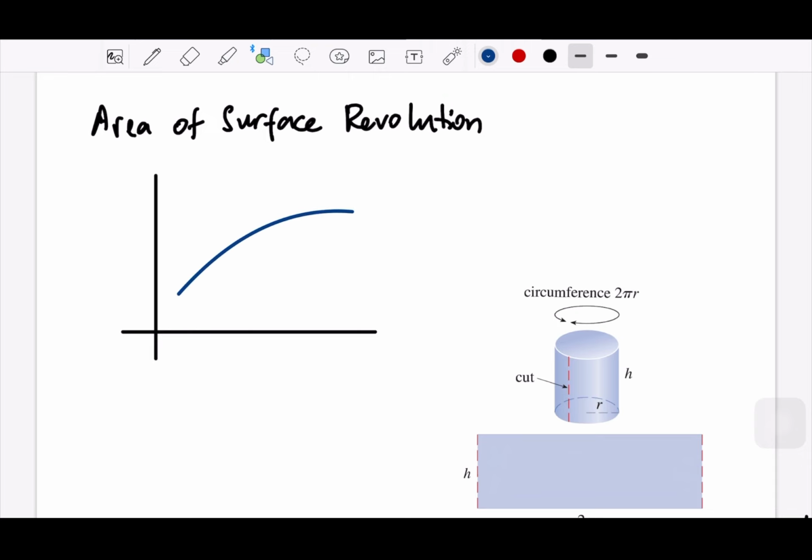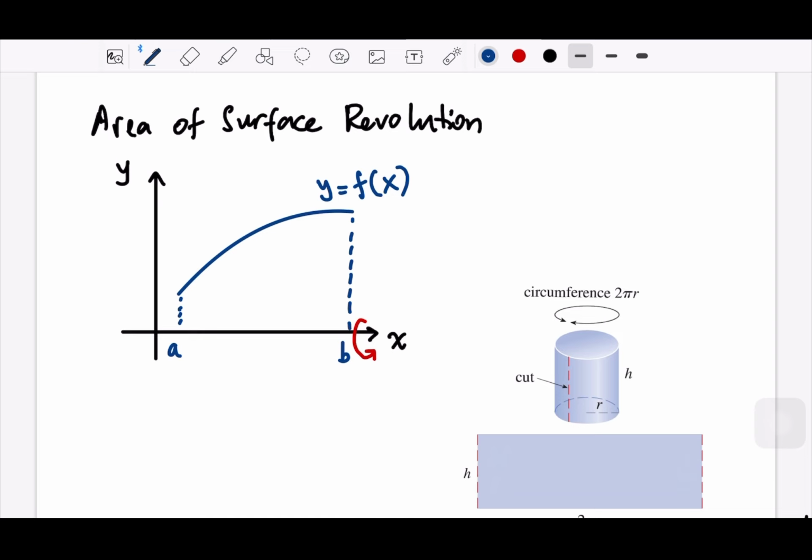It's a simple curve. I would like to do some review of your calculus. If this curve is rotated on the x-axis, imagine this is from A, and this is B, and this is our usual function, f of x.